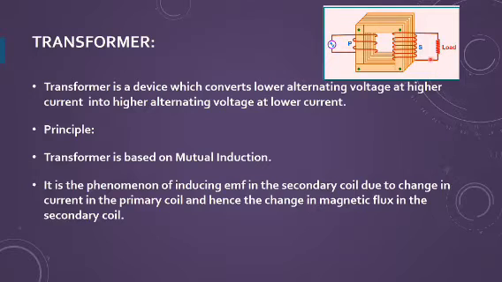In the secondary coil, because of the change in magnetic flux, the induced EMF and hence the induced current is produced. That is mutual induction. The same phenomenon is used in the transformer, in which we simply convert low voltage into high voltage, and vice versa. Current is to be taken care of accordingly.